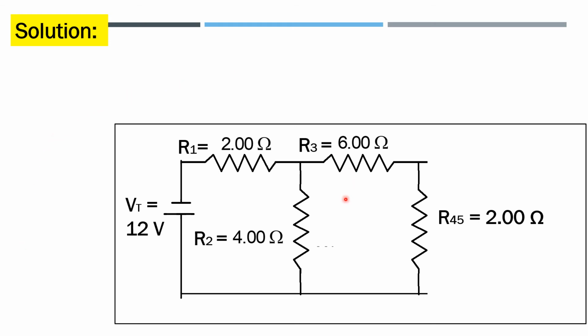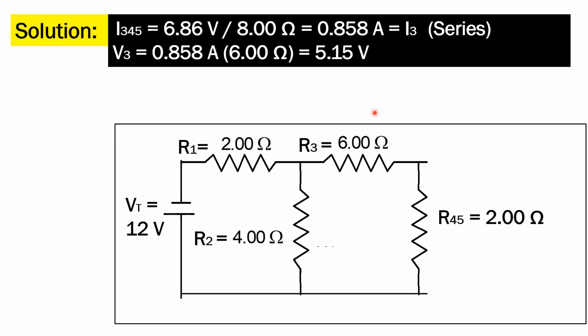All right, so knowing the current and the voltage that went through R sub 345, we can use that to determine the current through R3 as well as the voltage across R3. Okay?